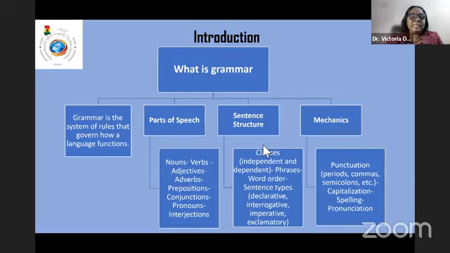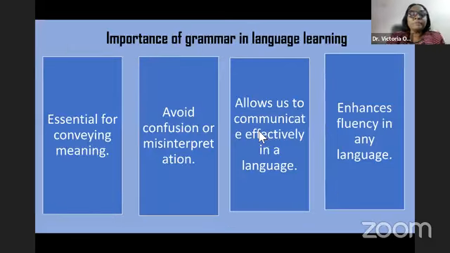Now, these things are very essential because when students are abreast with the rules of the language, it helps them to convey meaning effectively. And so when we put together sentences, we would notice that these rules that we enforce help the sentences to be very meaningful. And when it becomes meaningful, then we avoid misinterpretation and confusion because we're able to use the grammatical rules to express ourselves clearly and precisely.